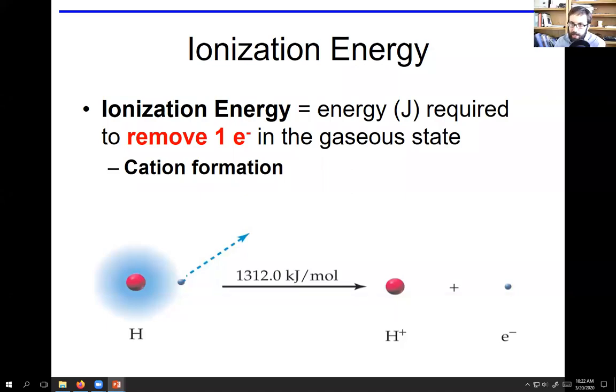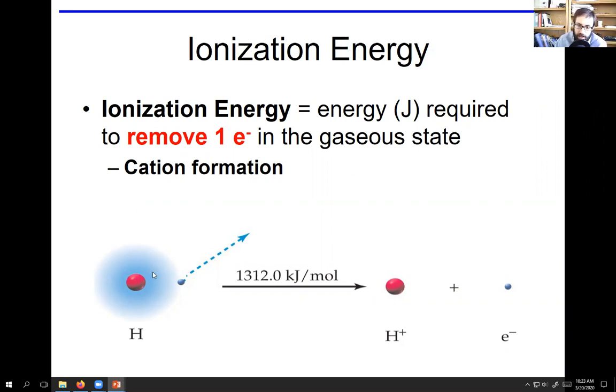All right, so the next periodic trend that we're going to go over is ionization energy. So what is ionization energy? That is the energy, in some energy unit like joules, required to remove one electron, specifically, in the gaseous state. So there's always going to be a gaseous element we're talking about, and it's the amount of energy required to make a cation.